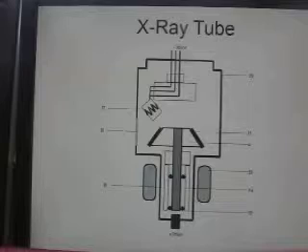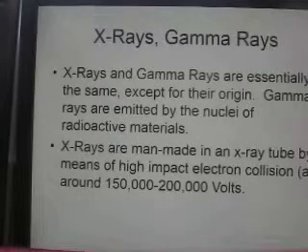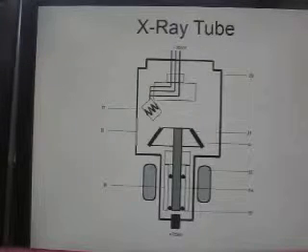I will tell you this, we mentioned earlier that this is generated at about 150,000 volts. If we look at this, we'll see up here at the top of this X-ray tube is a negative 75,000 volts. Down here at the bottom, we see a positive 75. So the difference in negative 75 and a positive 75 is 150,000 volts.